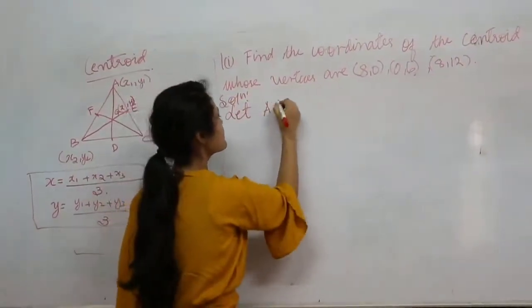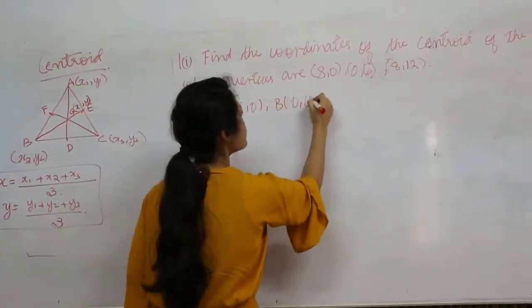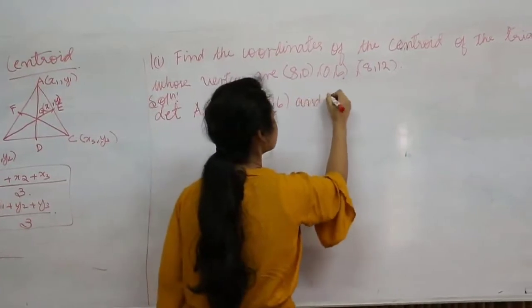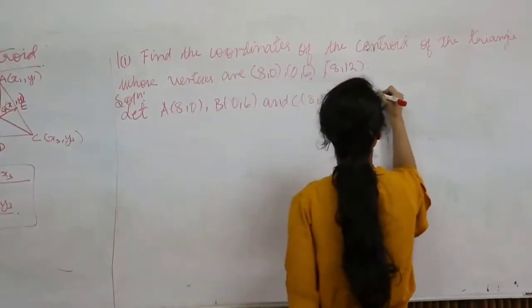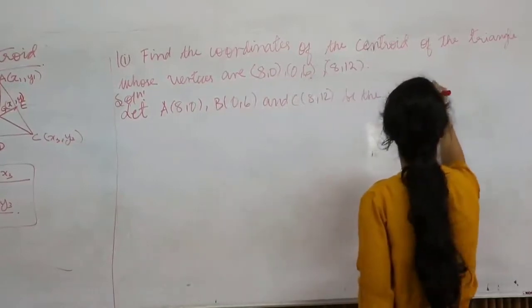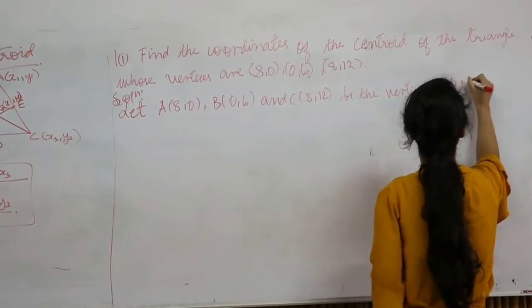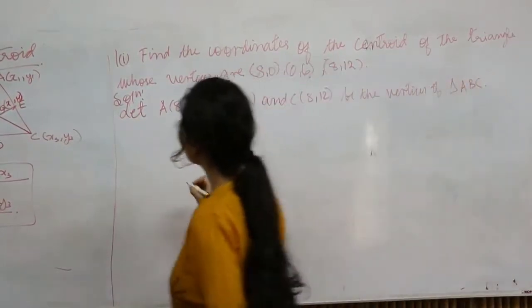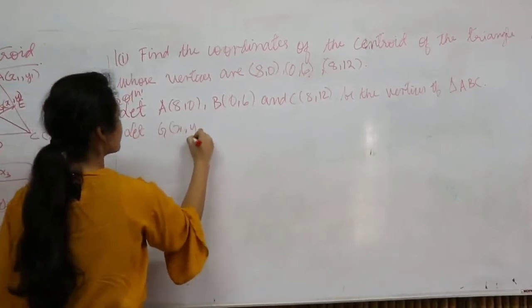Let A(8, 0), B(0, 6), and C(8, 12) be the vertices of triangle ABC. Okay. So let G(x, y) be the centroid.